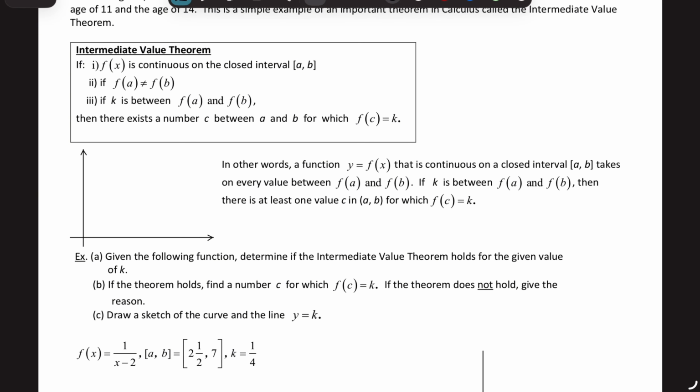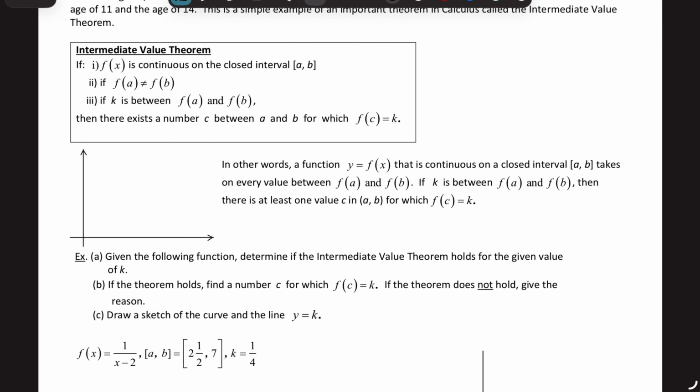If you want IVT to be met, these are the three rules that have to be met. The first one is continuous on a closed interval. The second one is that f of a cannot equal f of b, otherwise they'll be the same value. So if k is between this value, there must exist a number c between a and b for which f of c equals k.